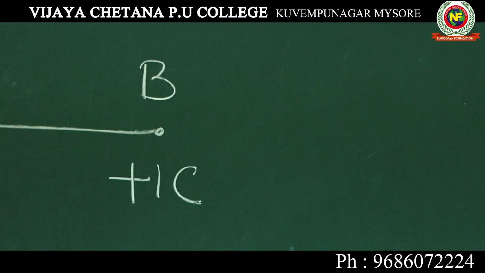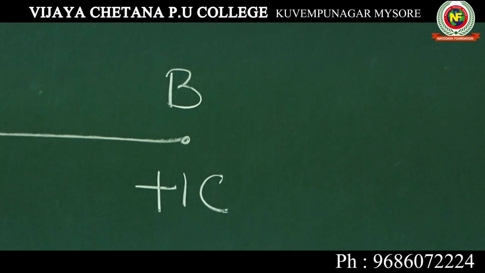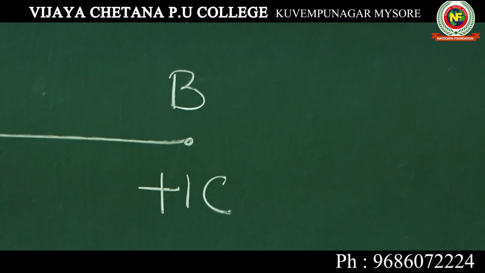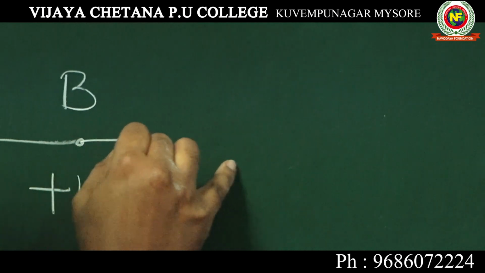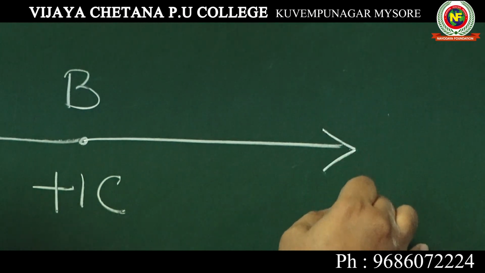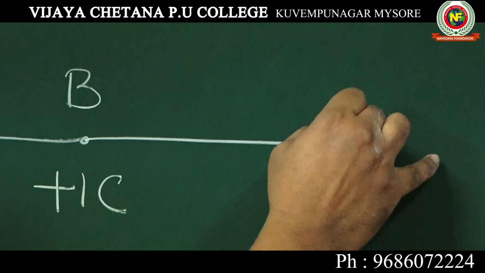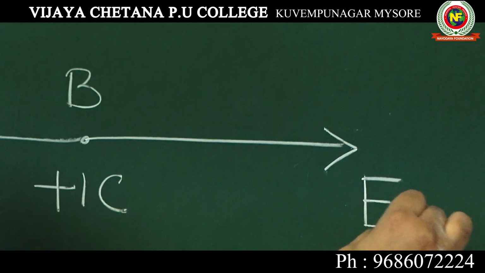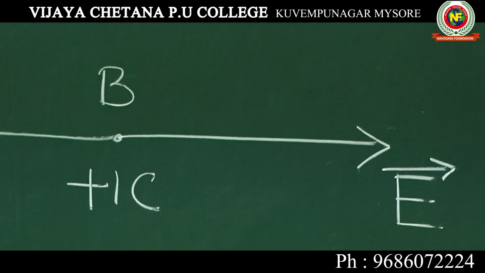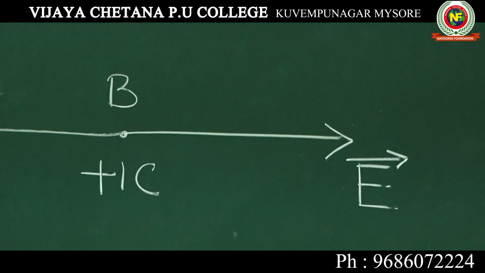I assume that this is also a positive charge. Since the charges considered are like charges, the electrostatic force experienced will be repulsive and it will be along this direction. Whatever direction the force follows, the same is the direction followed by the electric intensity. So electric intensity exists in this direction.